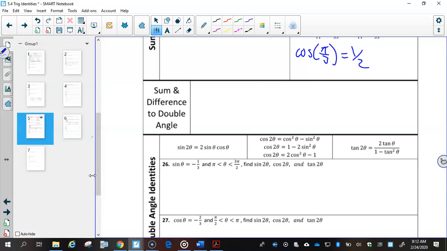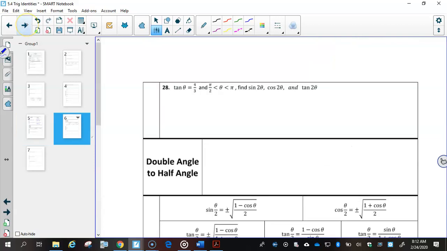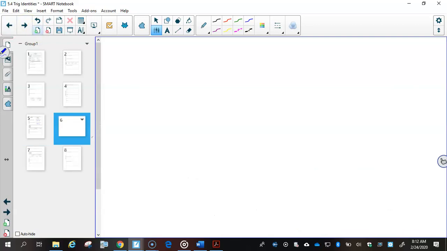So, you can use this box, but I'm going to use another page to do this part. I'm going to rewrite this on a separate page. If you would like to know how to go from one to the other, this would be how you do that. Otherwise, you can just remember the formulas. So I'm starting off by writing the sum and difference for cosine, sine, and tangent.